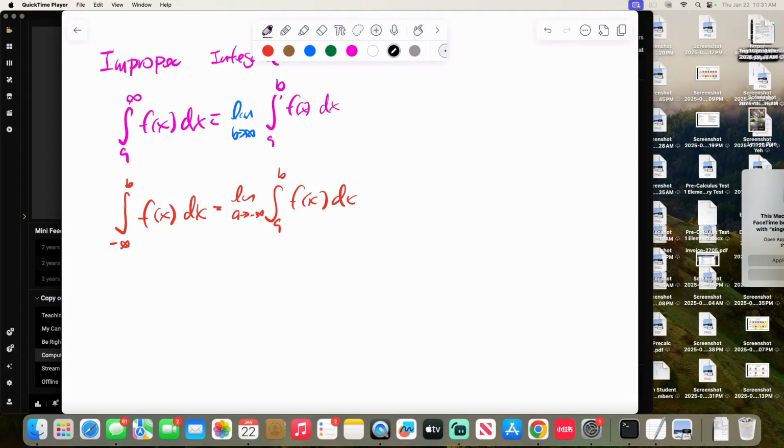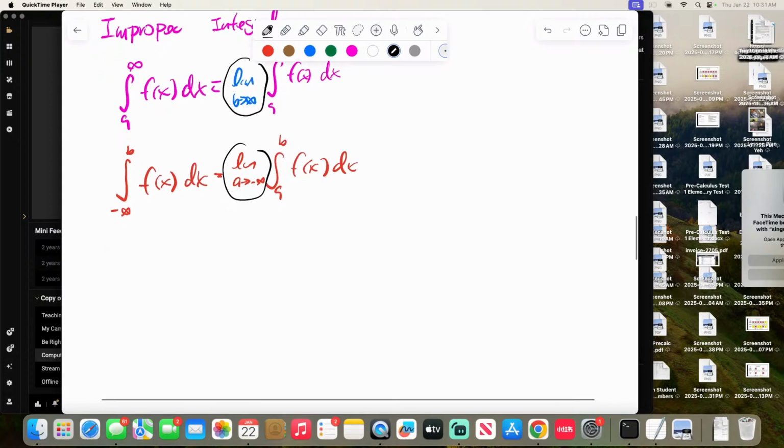On the AP exam, you gotta make sure you have this part. Even though people can just kind of do it without it, you have to write it down so the AP exam knows that you know how to take an improper integral, which says limit approaching infinity. Because I replace negative infinity with a.